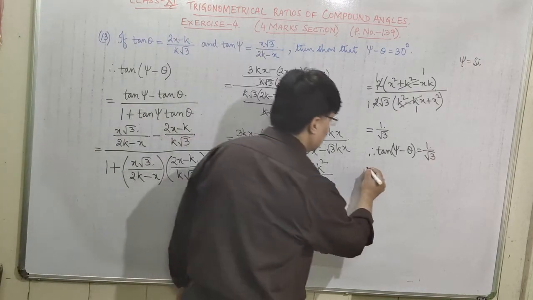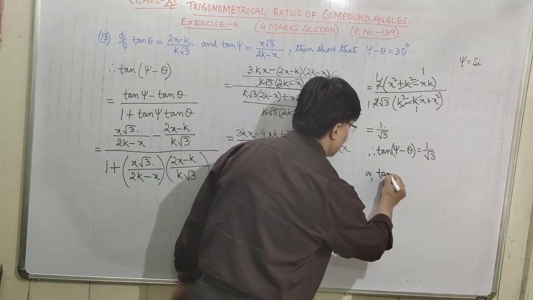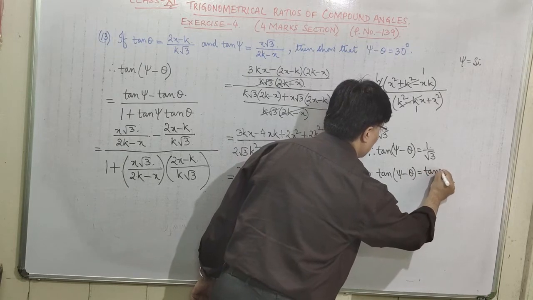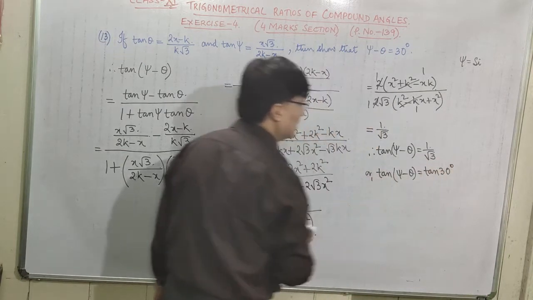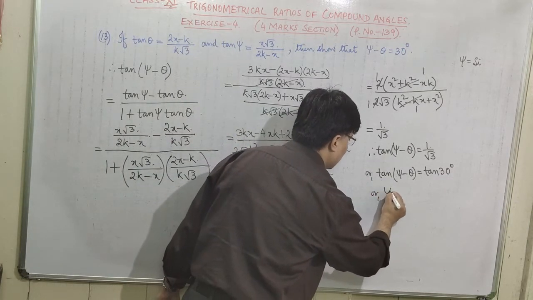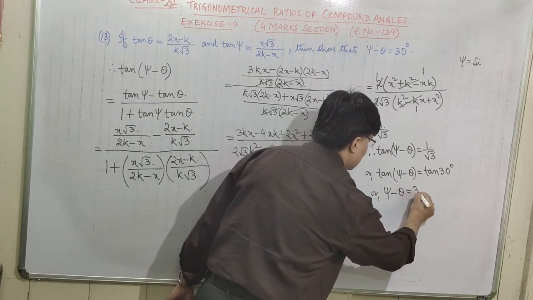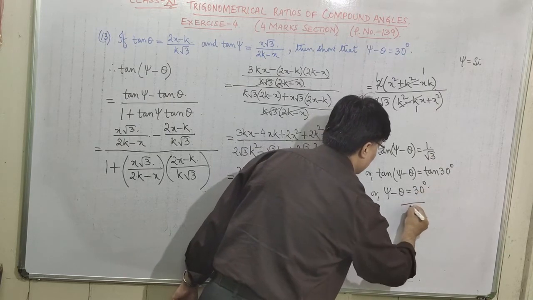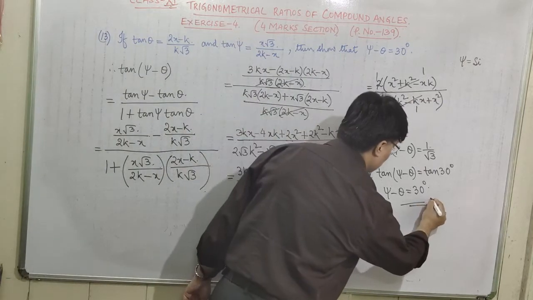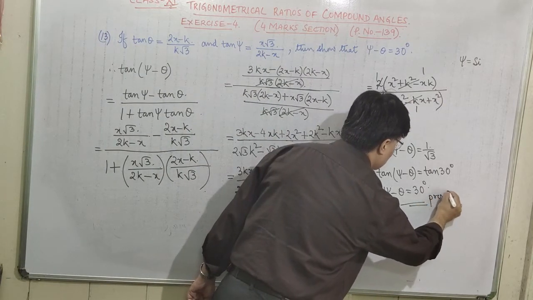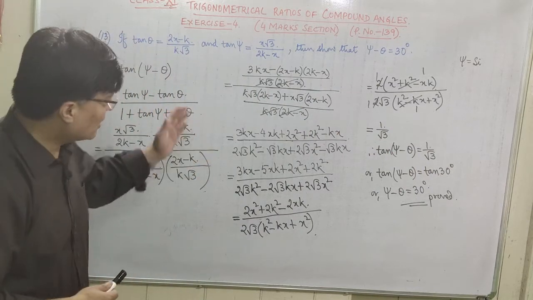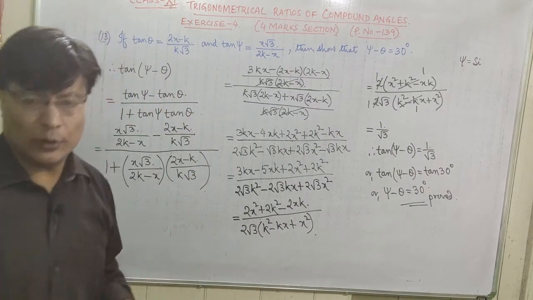It is tan 30 degree, so this is your psi minus theta is equal to tan 30 degree. So from both the sides you can cancel tan. So what do we get? Psi minus theta is equal to 30 degree. So it is proved. That is, psi minus theta is equal to 30 degree. So it is proved. So I think you have understood it. So you can copy it. Now we'll do the next question.